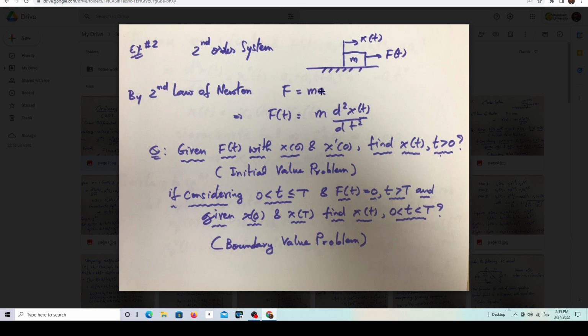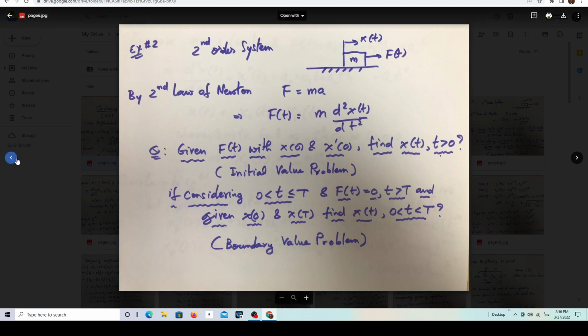So we put acceleration as the second derivative of x(t) with respect to t, still in the time domain. With this equation, given the function f(t), you can see now that you need two initial conditions.